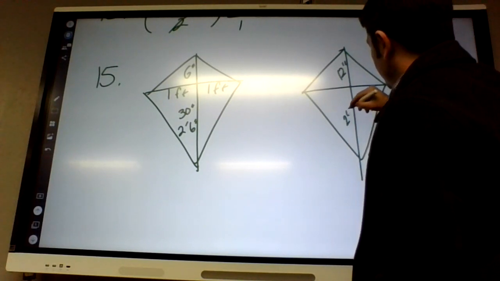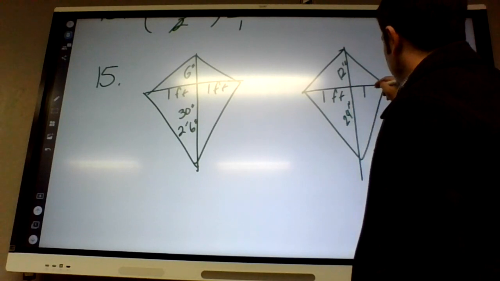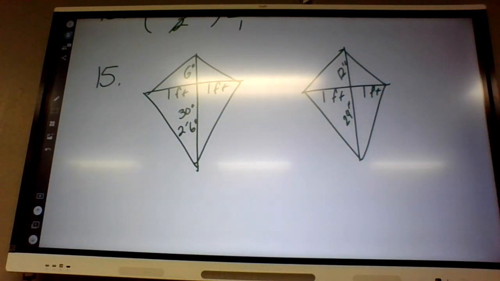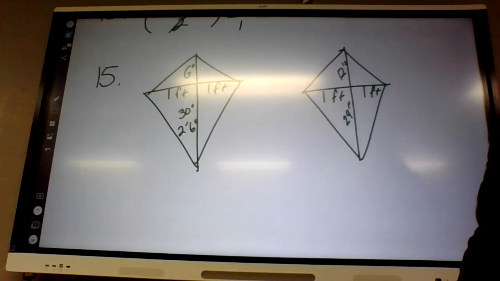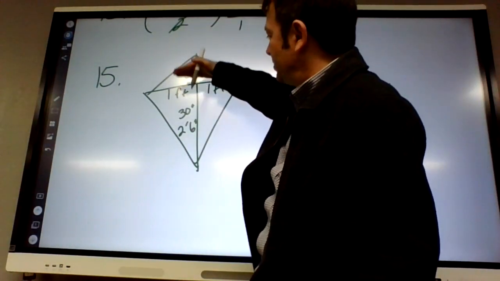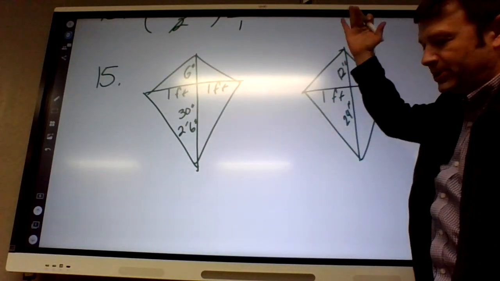So that would leave like 24 inches down here, and it'd still be like 1 foot, 1 foot. Okay. Does that kind of make sense? Drawings weren't terrible. So his spreader is a little bit higher up on the kite than the one we did.